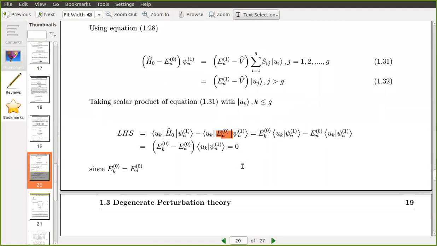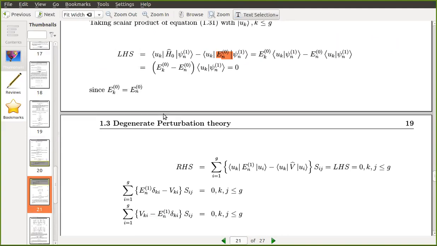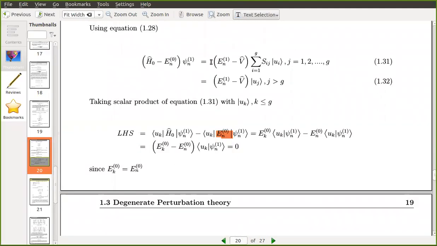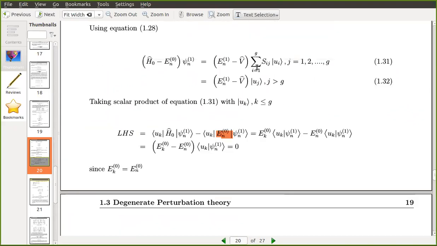Okay. So these are degenerate eigenstates, ek of 0 equals en of 0. Now take the RHS of this equation 1.31. That is the sum over i equals 1 to g. You can take this summation to the left side because there is no g i term here.